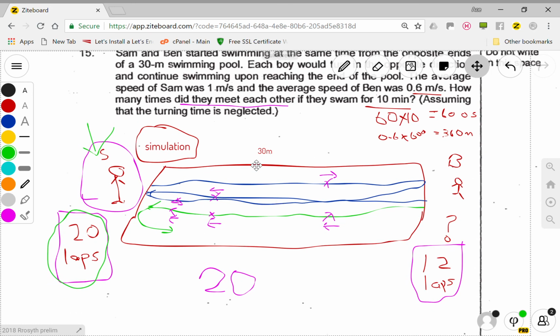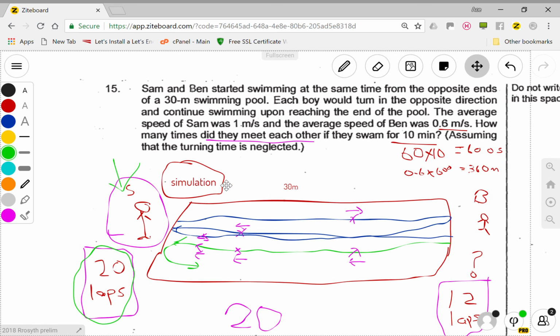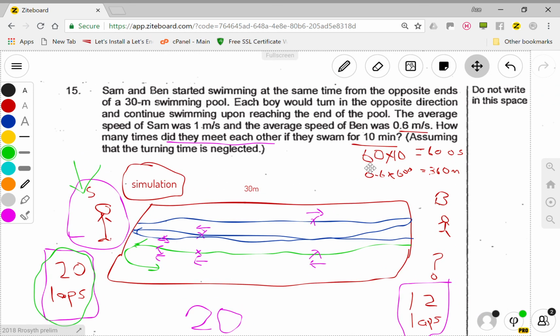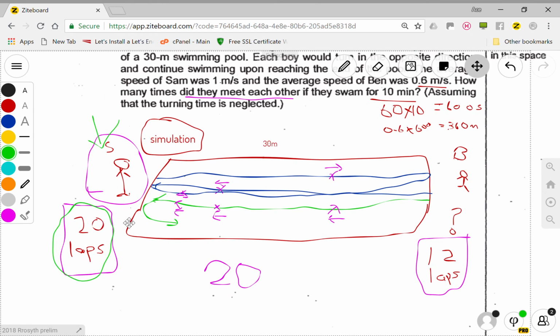So anyway, just one tip on simulation questions. Usually for a simulation question, all you have to do is to tune down whatever information they give you. For example, here they give you 20 laps and 12 laps, right? What did we do to simulate? We just use 2 laps, instead of using 20 laps, and then we simulate and see what happens.